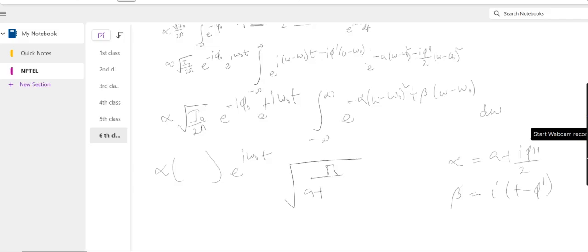So that becomes a plus i phi dash dash by 2, e to the power minus t square by 4 a plus i phi dash dash by 2.